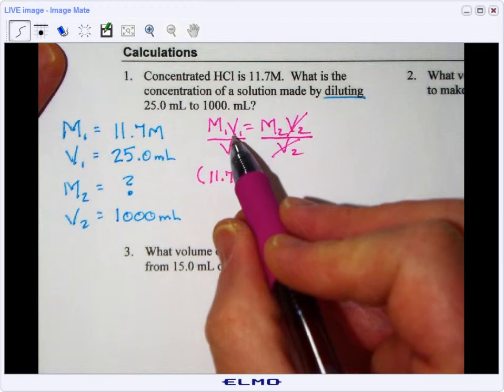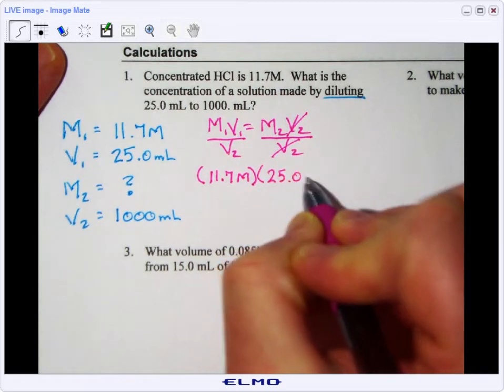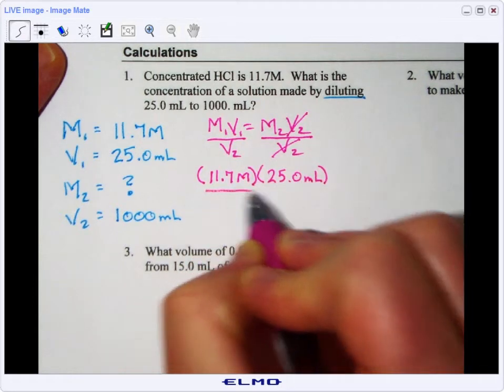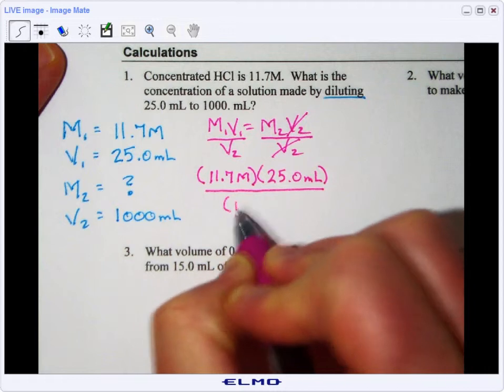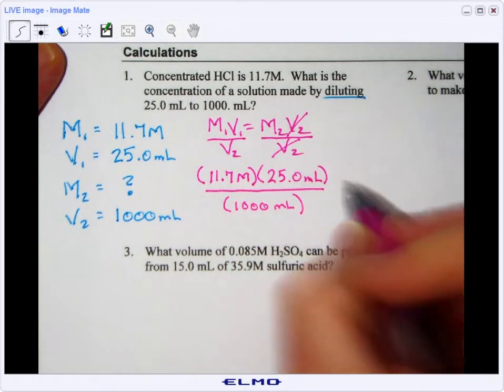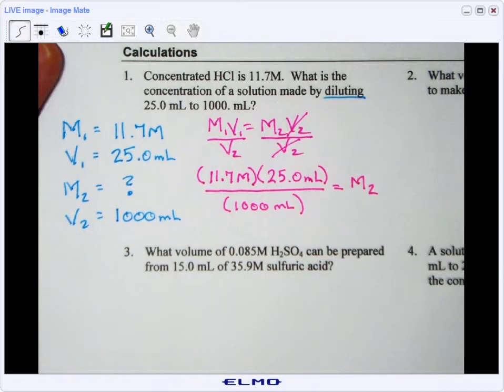My V1 is 25. And then my V2 was 1,000. All that put together tells me my concentration of my second solution.